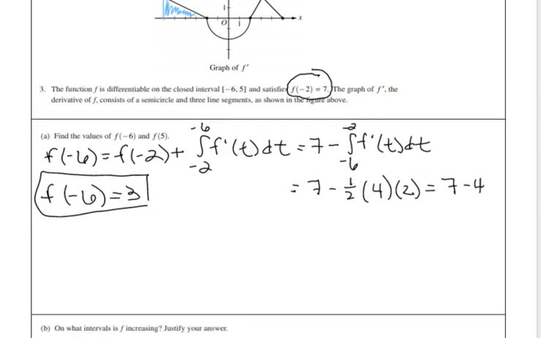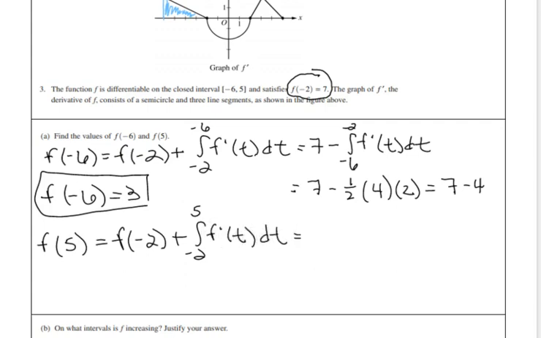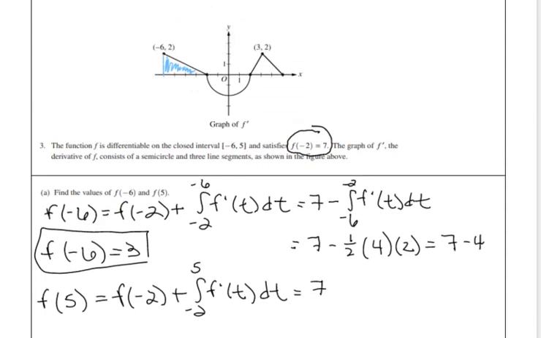And then we also have to find f of 5. So similarly, we start out the same, right? So we start with f of -2 plus the integral from -2 to 5 of f prime of t dt. So we're going to start with 7, and now we're going to be looking at the area from -2 to +5. So that's going to be this semicircle that's underneath the x-axis, so that's going to be negative, and this triangle that's above the x-axis, so it'll be positive.